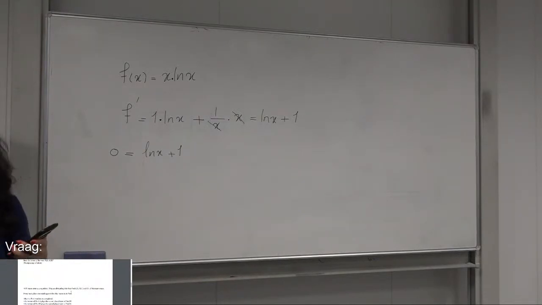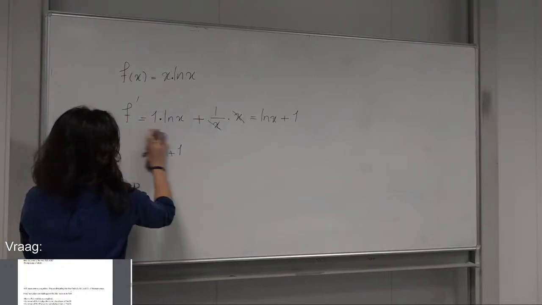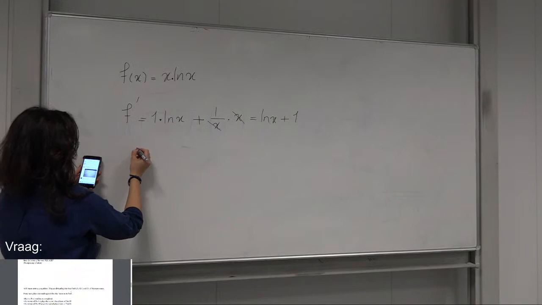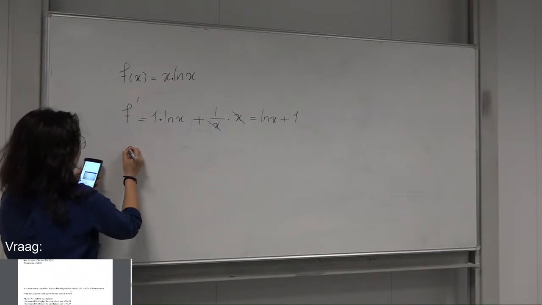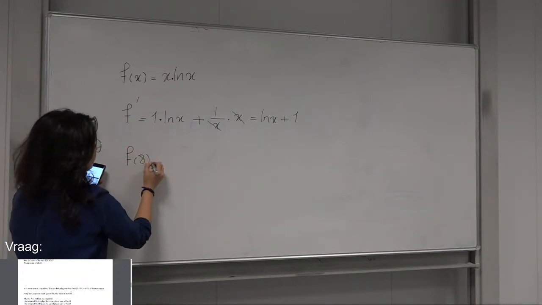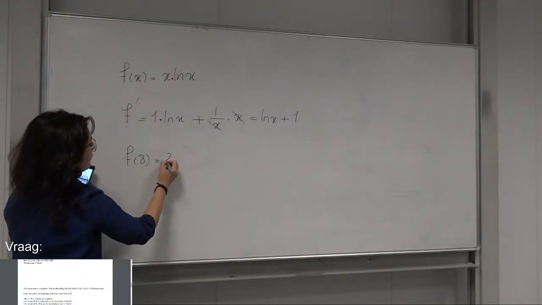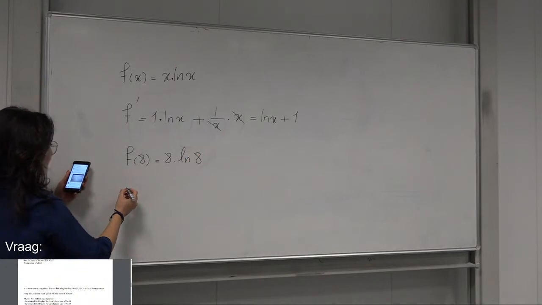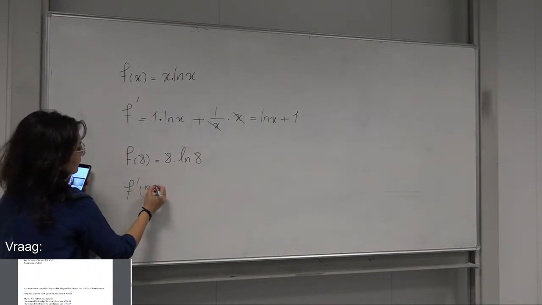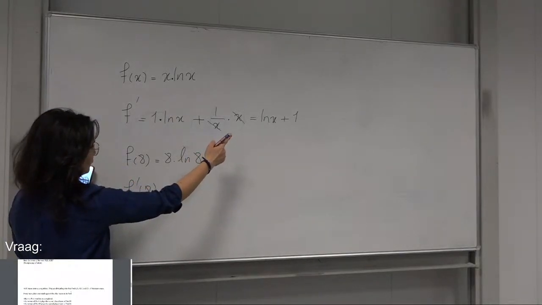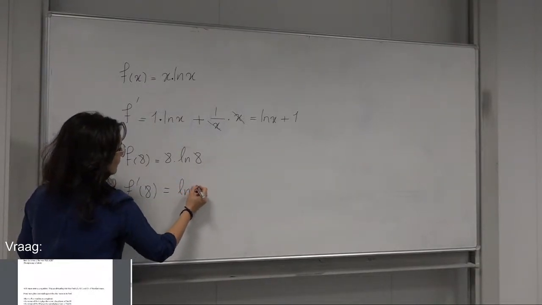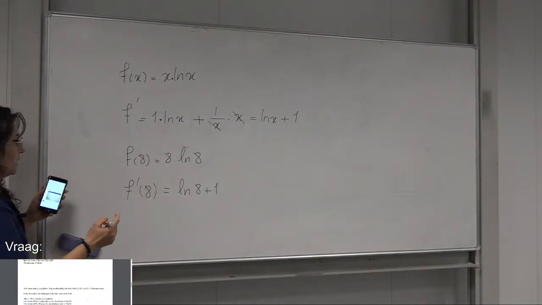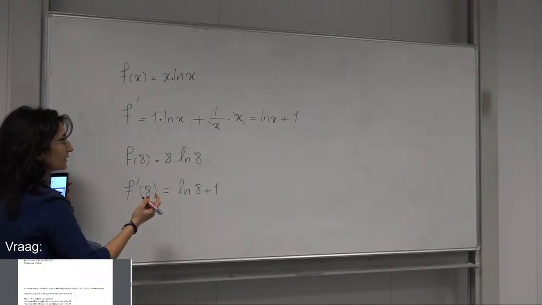They have given you a point already, so that's easier. So f of 8, it's pretty simple. You just put 8 instead of x, so you have 8 times ln 8. And f prime of 8, which is this one for the x, is ln 8 plus 1. It's pretty easy, I think. When you want to write the tangent line, remember that one?